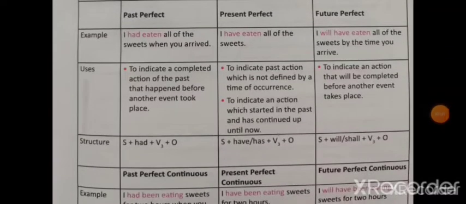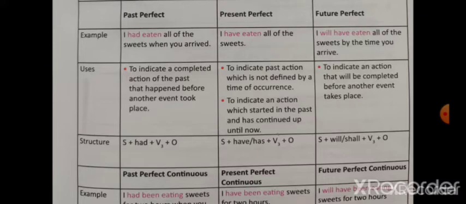Now we are going to talk about the perfect tense: past perfect, present perfect, and future perfect. When we talk about past perfect, it indicates that an action had been completed before some other action had taken place. Something that was happening in the past had completed, and then the other action took place.